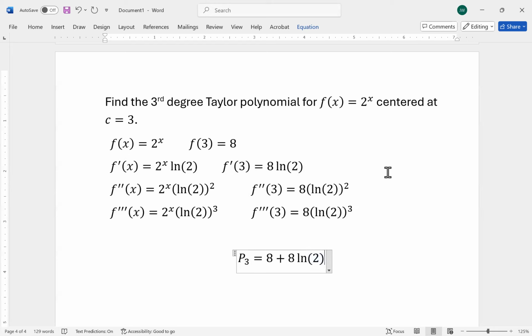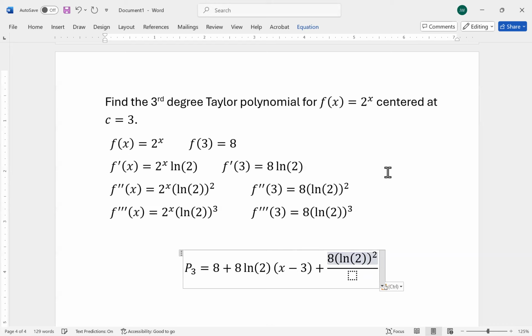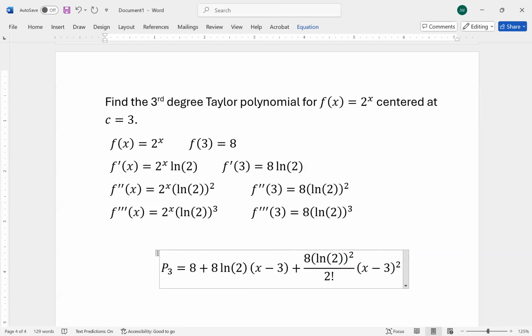And I need to multiply that times x minus 3 raised to the first power. Then I take 8 times natural log of 2 squared divided by 2 factorial. 2 factorial is just 2, times x minus 3 squared.